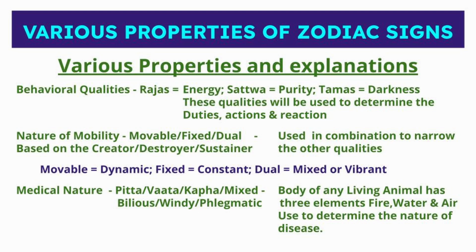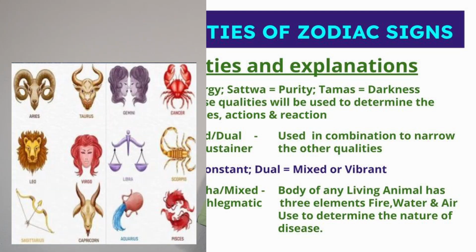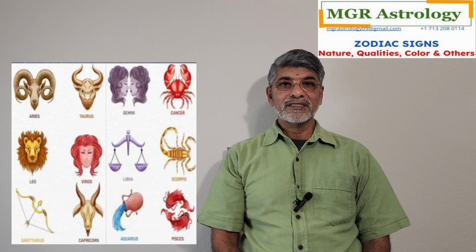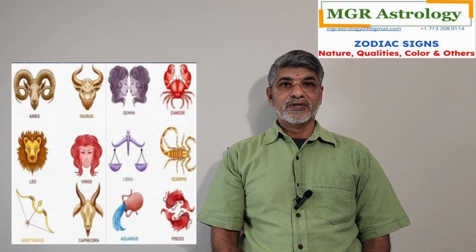So, in Vedic astrology, these three elements called Pitta for fiery things, Vata for airy things, and Kapha for watery things are allocated to each rasi. So this will help in identifying the disease of a person.